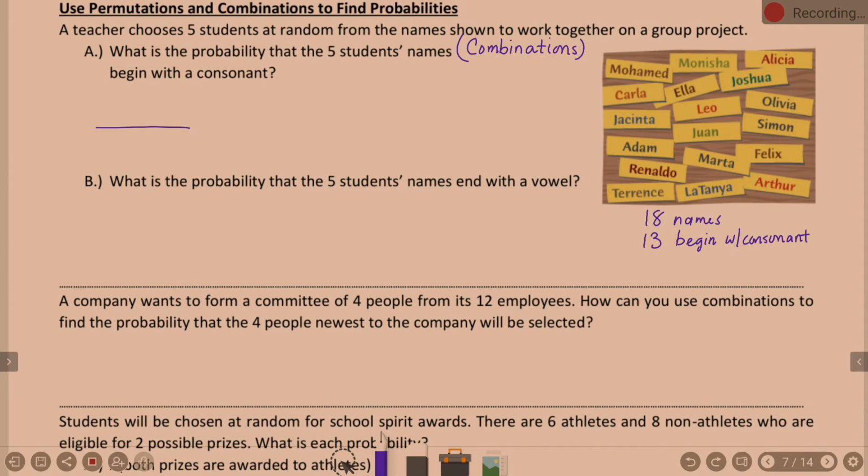Which means when we're setting up our fraction, we're going to do a combination to find the denominator, and a combination to find the numerator. On bottom, all the combinations of 5-person groups. How would I find all the combinations of 5-person groups?